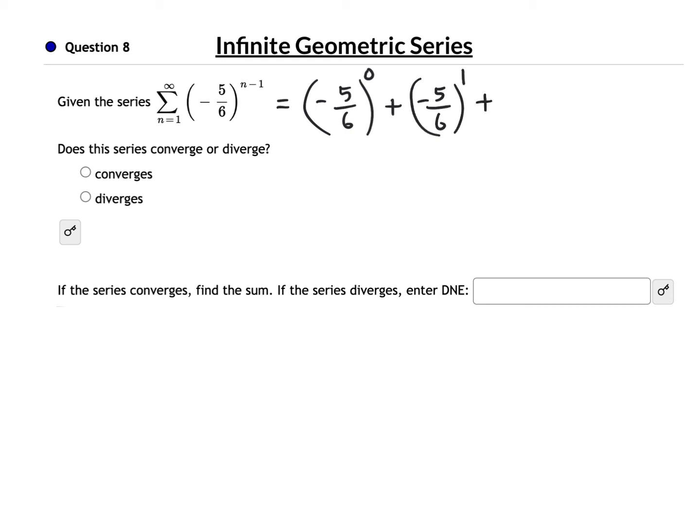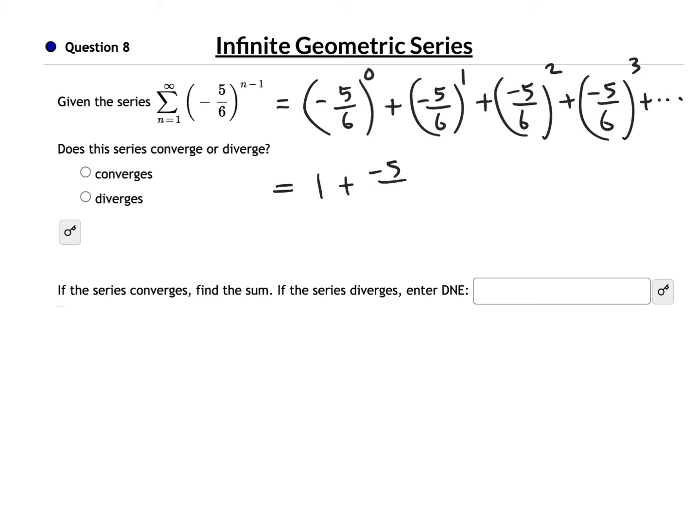Plus, I'll plug in 3 for n. 3 minus 1 will be 2. -5/6 squared. And then I'll plug in 4. 4 minus 1 will be 3. -5/6 cubed. And onward.